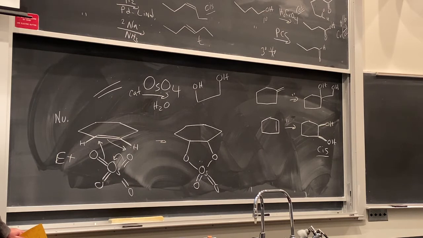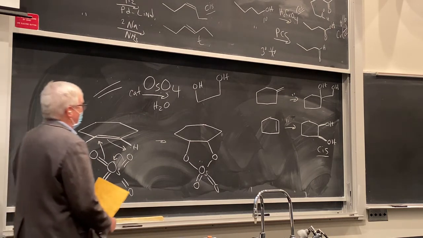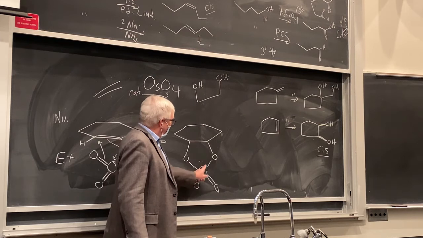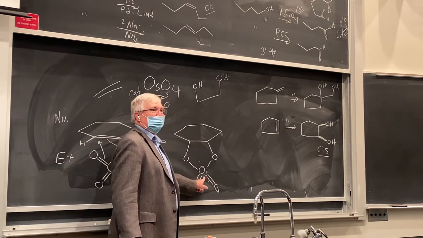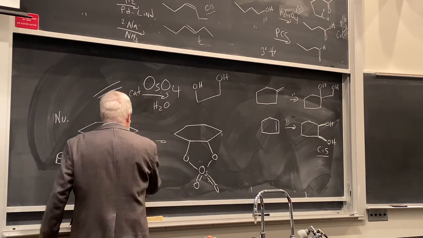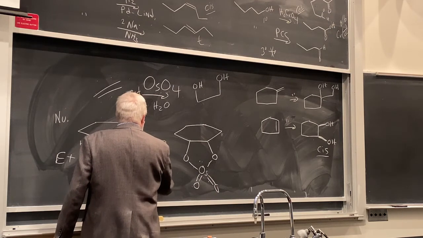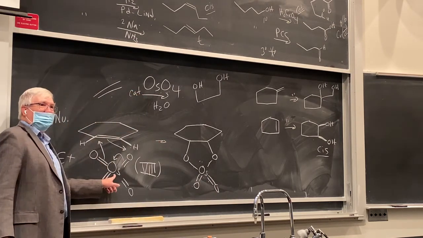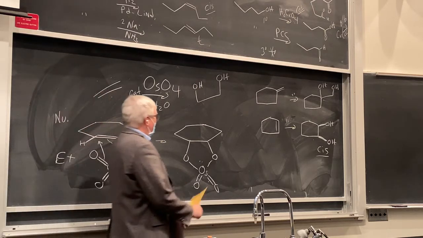These are d electrons. If you remember your d series of transition metals, d orbitals, we're not going to analyze all that. But you can see now we've got 1, 2, 3, 4, 5, 6 lines to osmium. So we went from osmium in the 8 oxidation state, the most highly oxidized form of osmium, and we went down to what?